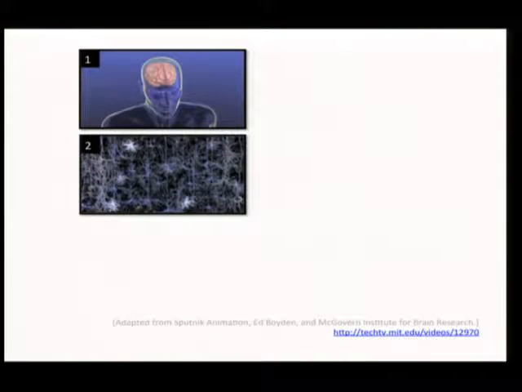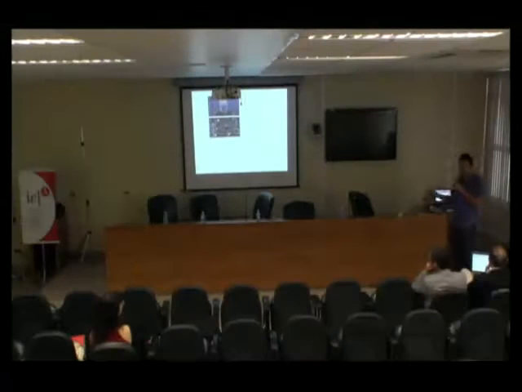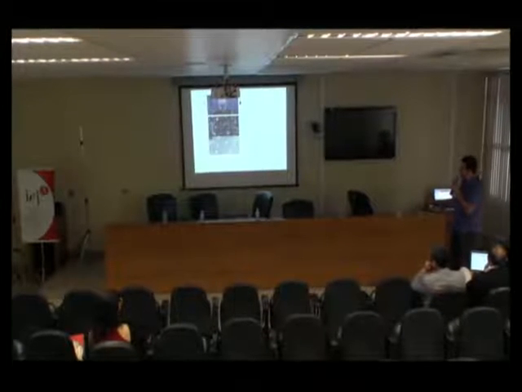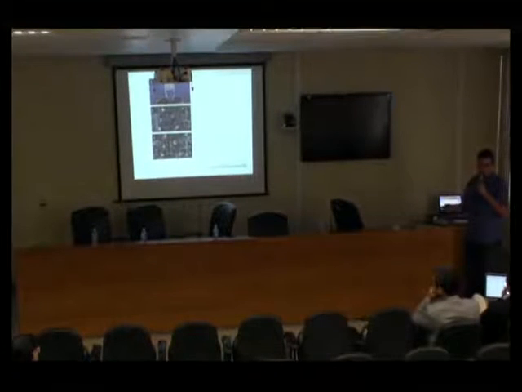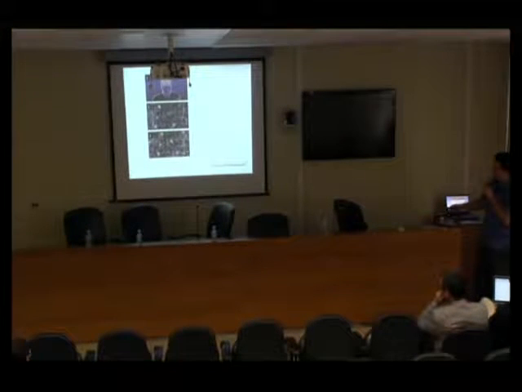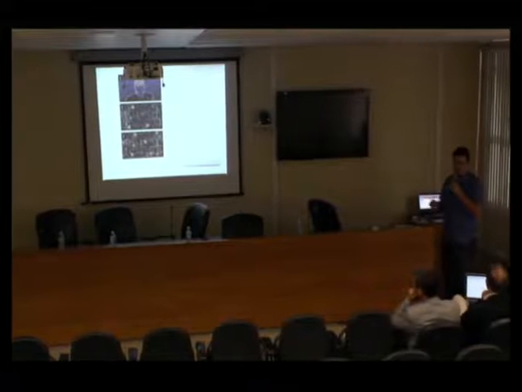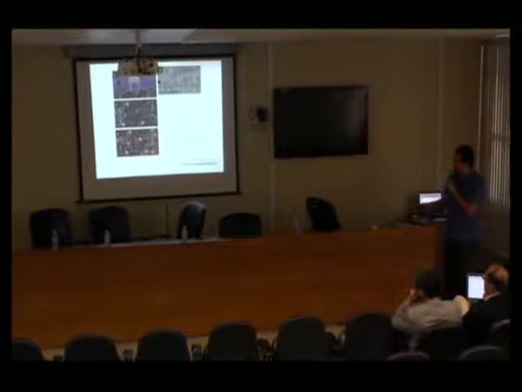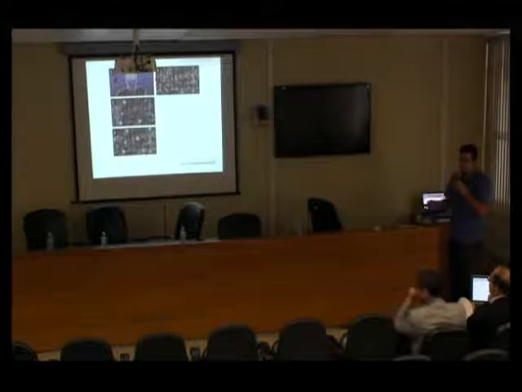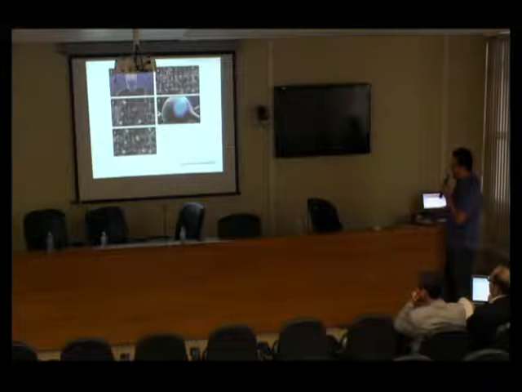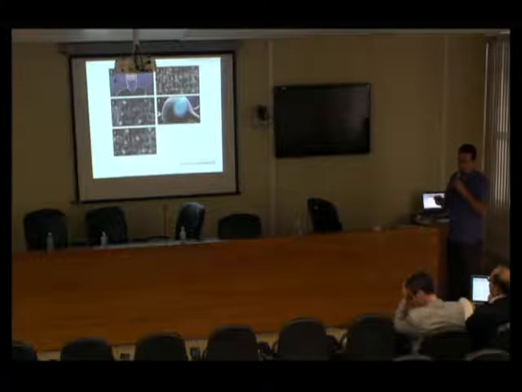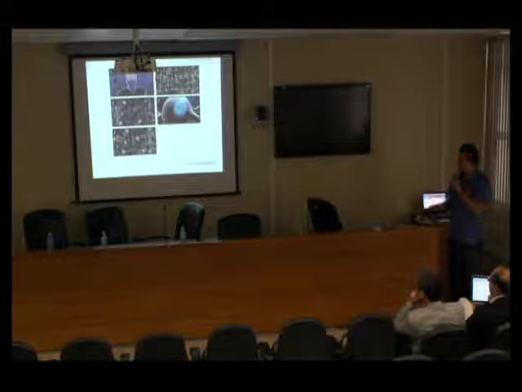So, the mammalian brain has billions of neurons, and you can find thousands of subtypes of cells. For example, these cells are basket cells, and these cells could be pyramidal cells, for example, excitatory cells. And you can target specific subtypes of cells with optogenetics.